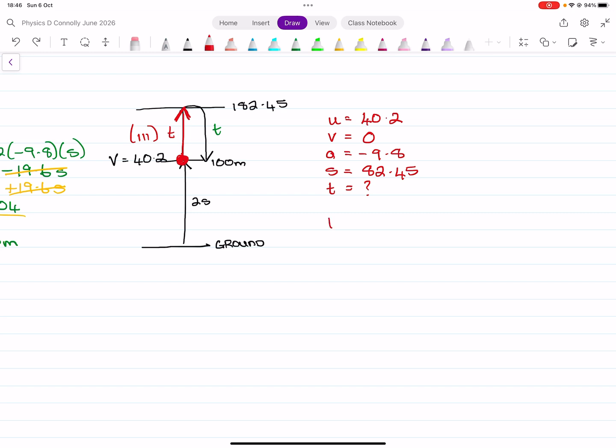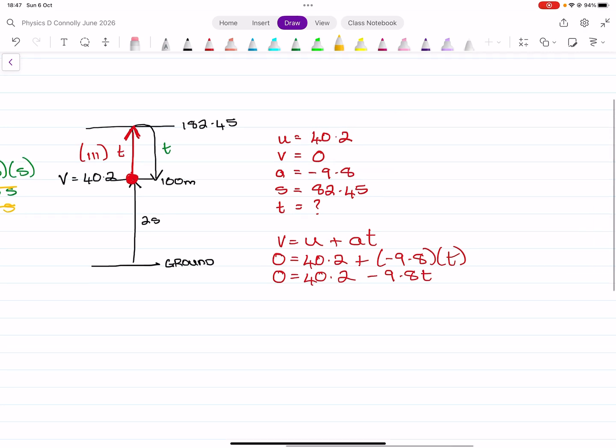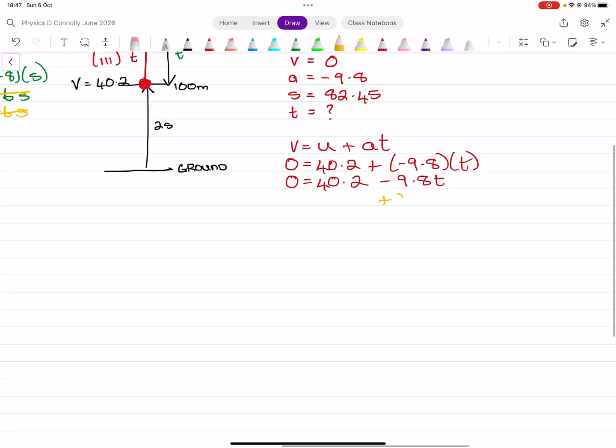Okay, so let's go with v equals u plus at. v is 0, u is 40.2, a is minus 9.8, and t is t. 0 is 40.2 minus 9.8t. Same maths we've done a few times now. So plus 9.8t to cancel, plus 9.8t over here to balance.